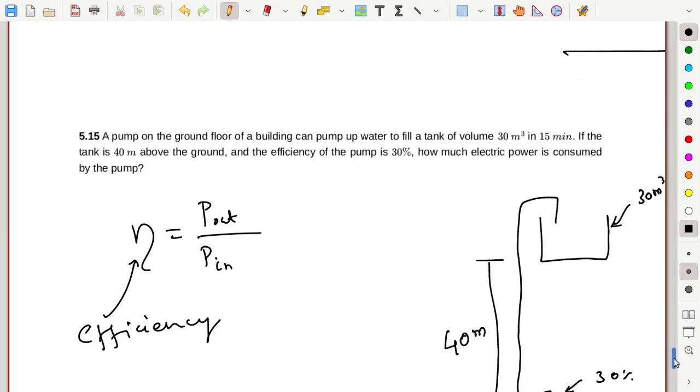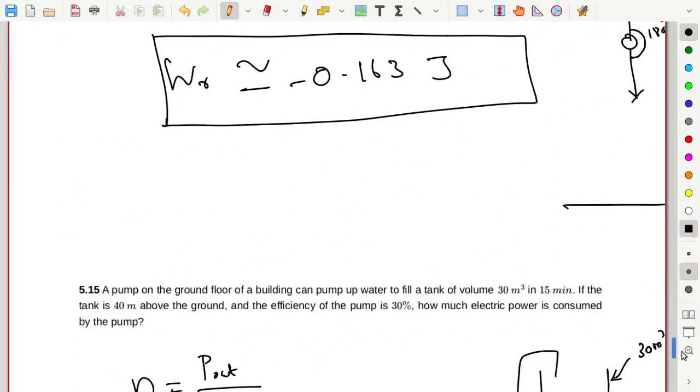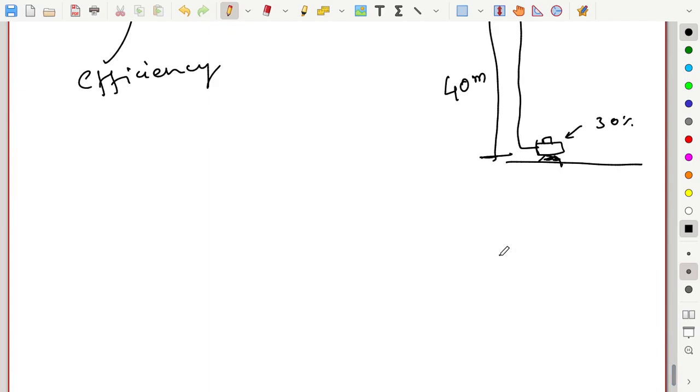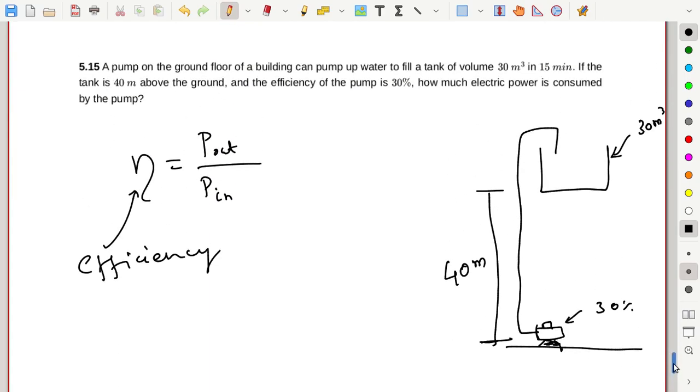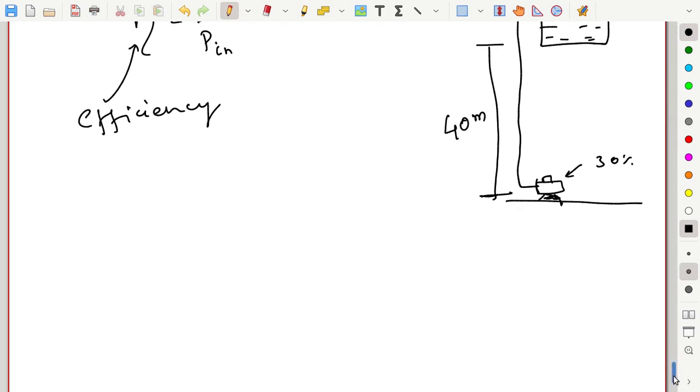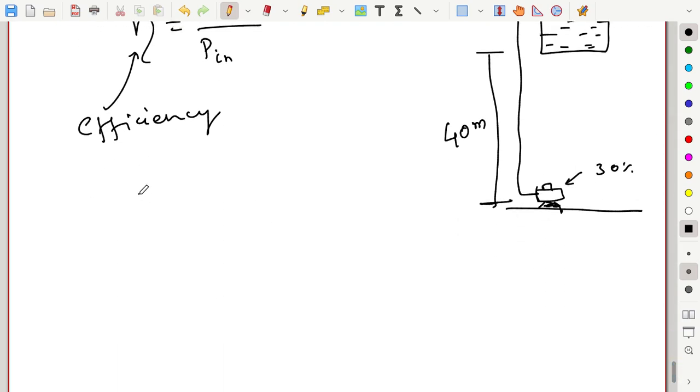The similarity between this problem and the previous problem is in the calculation of the mass of the water. Here we have to find the mass of the water in this tank. We know the volume and the density, so we can find the mass. Here are the basic values we are going to consider.